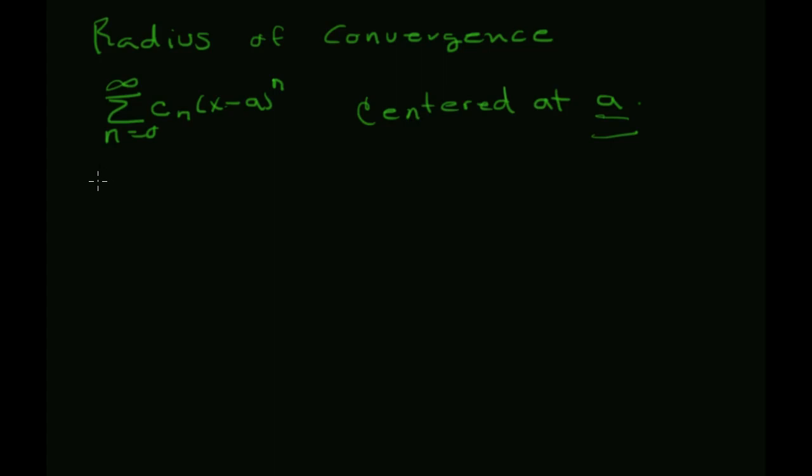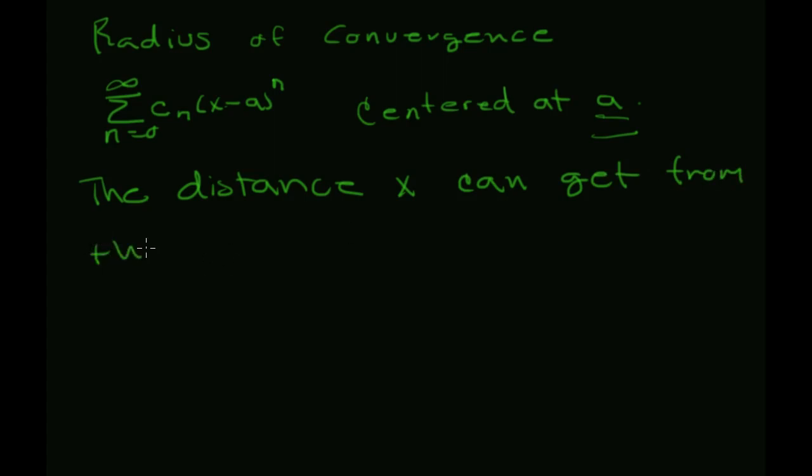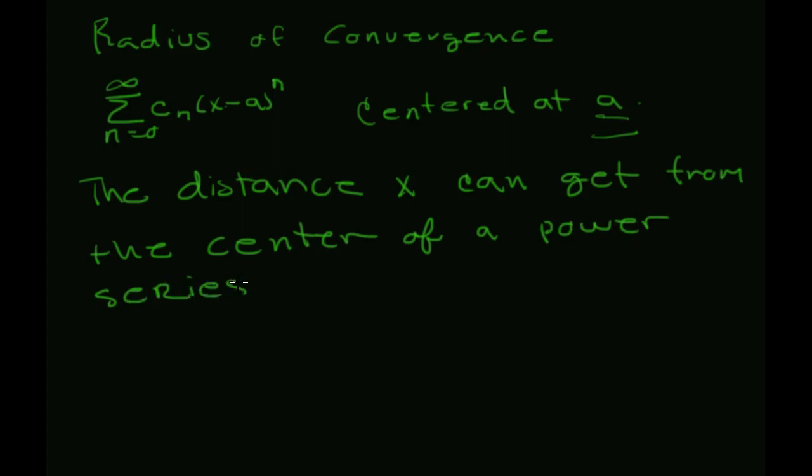So the radius of convergence is the distance x can get from the center of a power series and still converge.